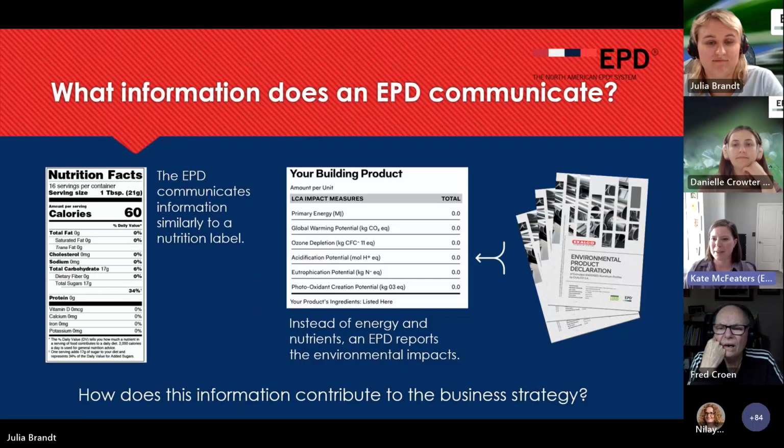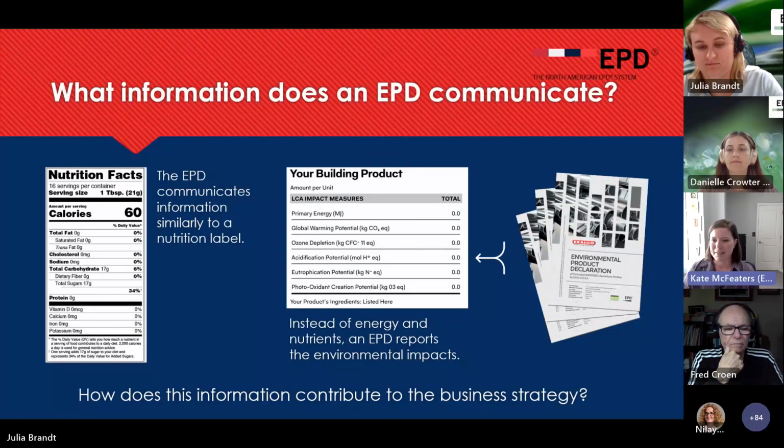You're talking about what is the energy embodied within that product, what are all of the different metrics for all of the selected indicators of that EPD. And in that way, you get to see at a glance what is the environmental performance or the environmental impacts of that product. And so this leads to the question, how does this contribute to my business strategy? Next slide, please.